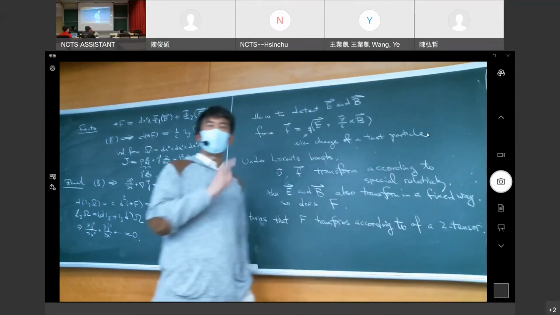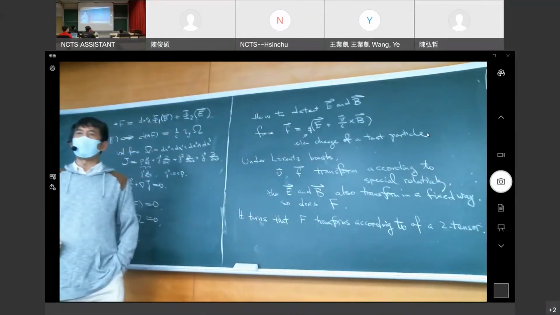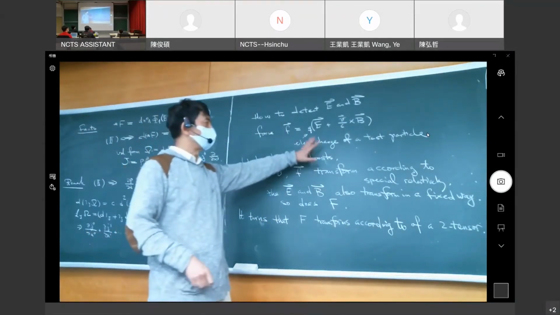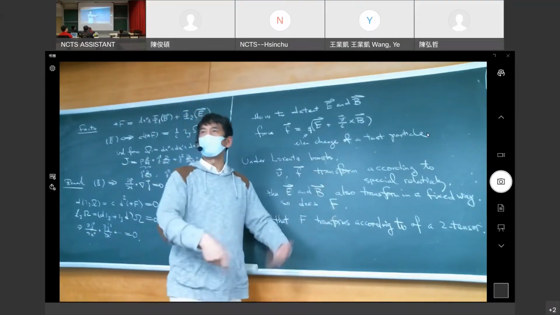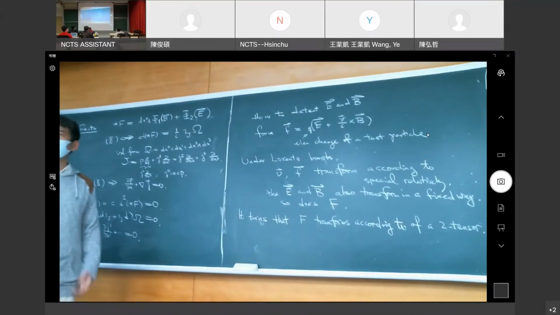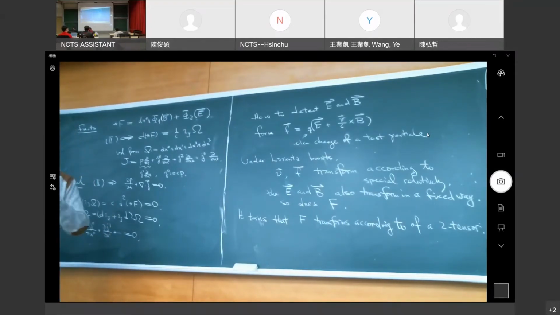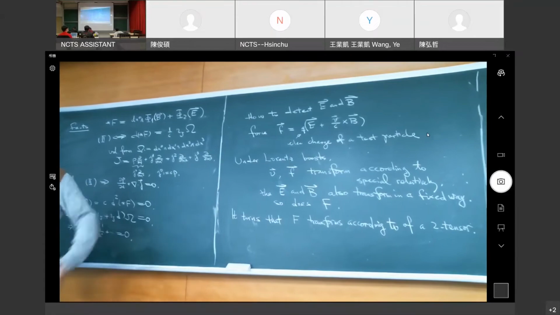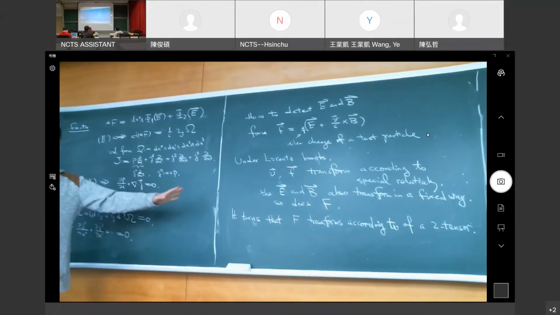Now, I want to say that this is completely not automatic. You could have started with some physical rules to calculate how things would transform, and it wouldn't get you mathematically how a two-tensor would transform. That is completely a possibility. But it turns out that this is the case.